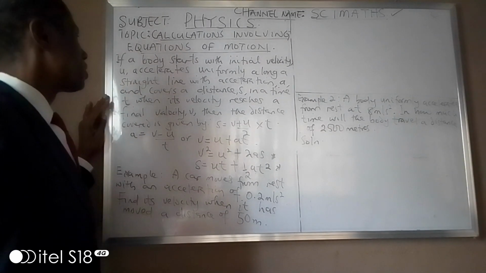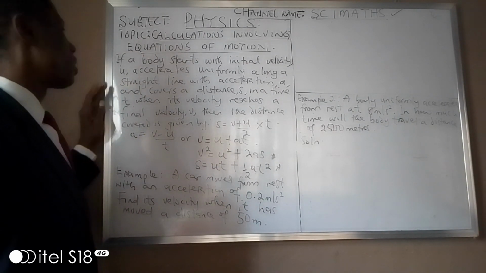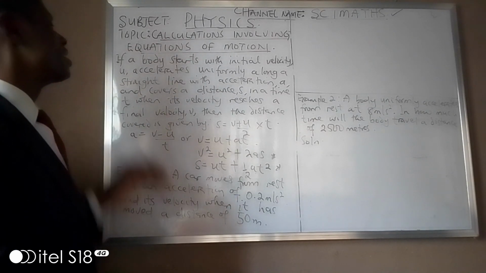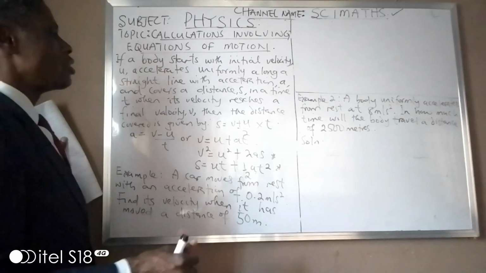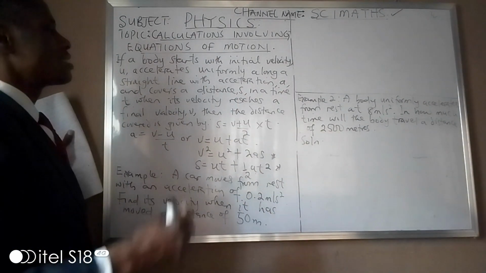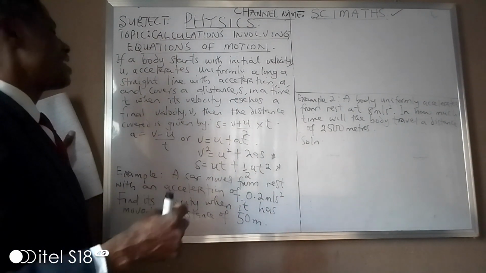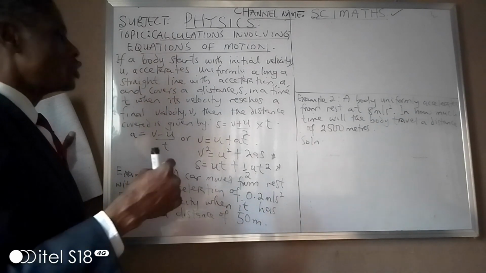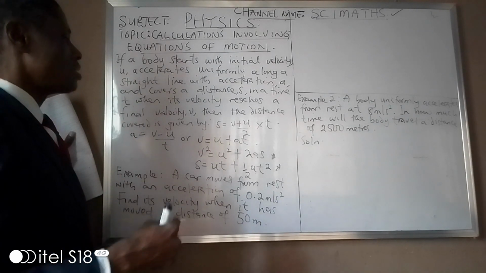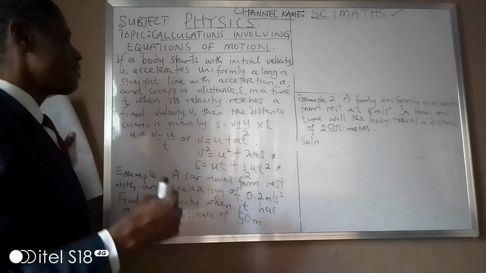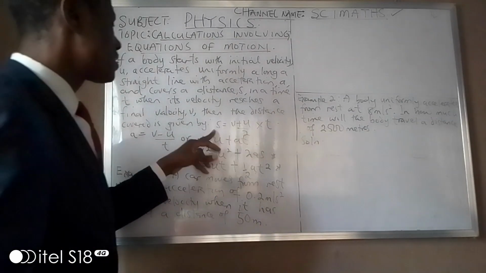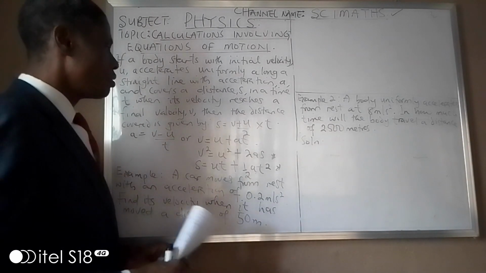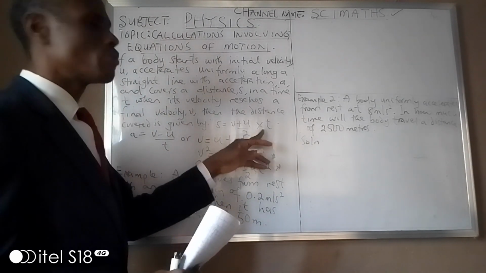You can see on the board, if a body starts with initial velocity u and accelerates uniformly along a straight line with acceleration a and covers a distance s in a time t when its velocity reaches a final velocity v, then the distance covered is given by s is equal to (u plus v) all over 2 times t.